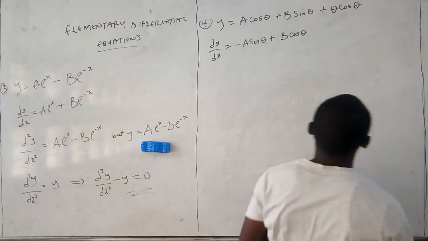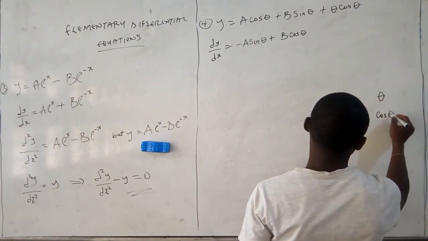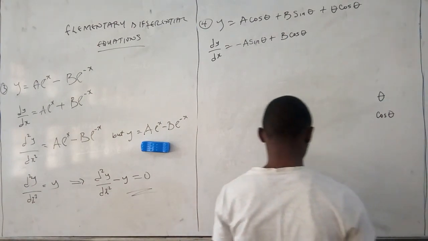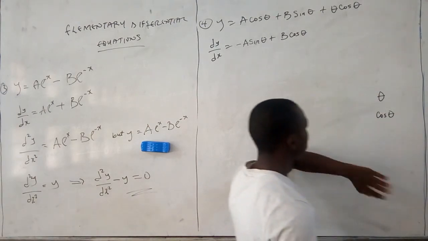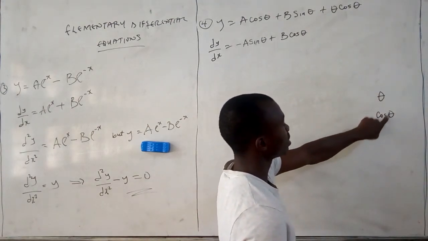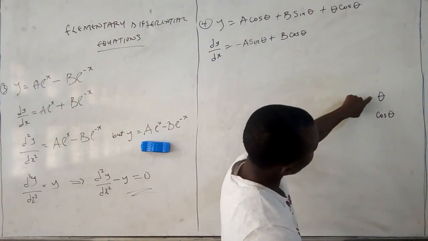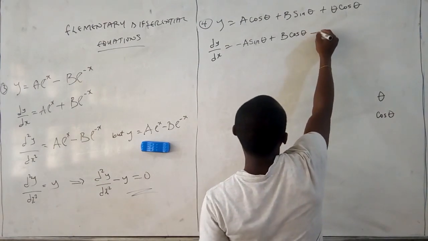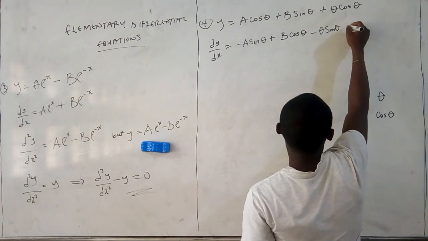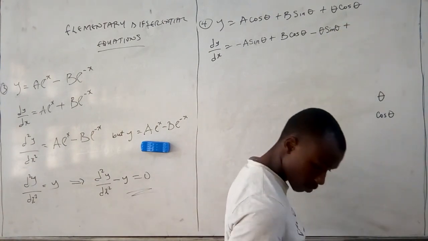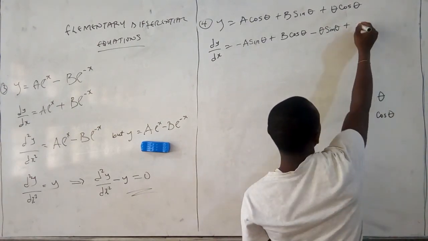These are 2 terms. We have theta and we have cos theta. So product rule. That means first we differentiate this, we keep this. Then plus we differentiate this, we keep this. So for the first one, we keep theta and differentiate cos theta. We have minus theta sin theta, then plus. For the second one, we differentiate theta and keep cos theta.